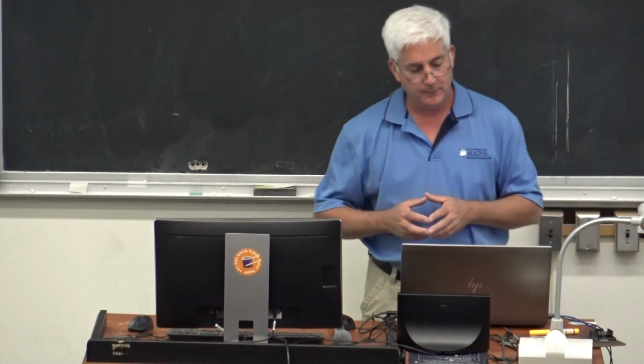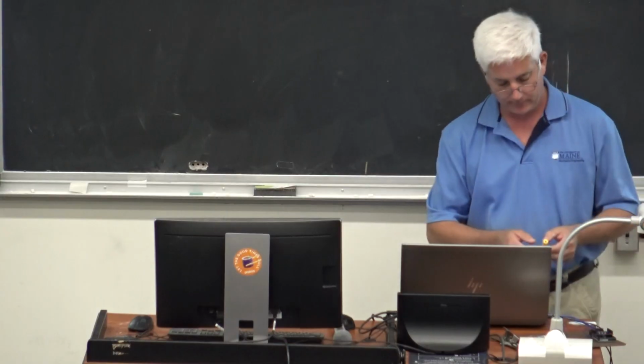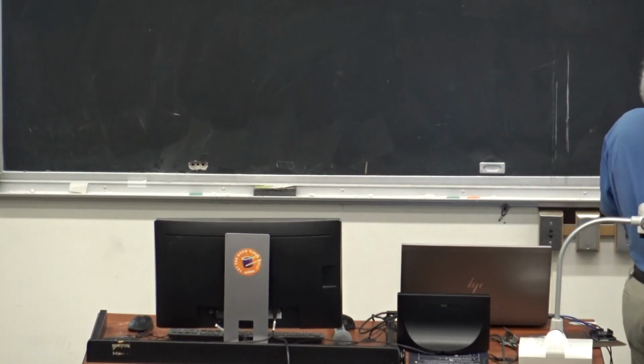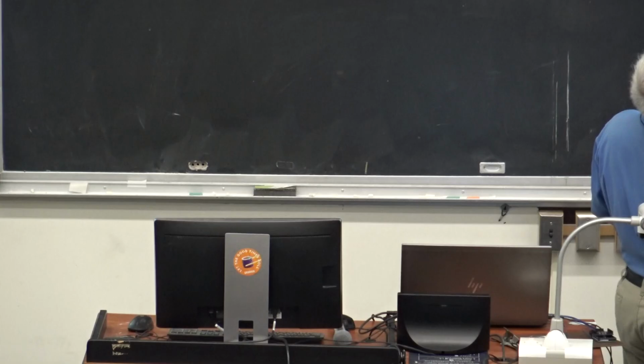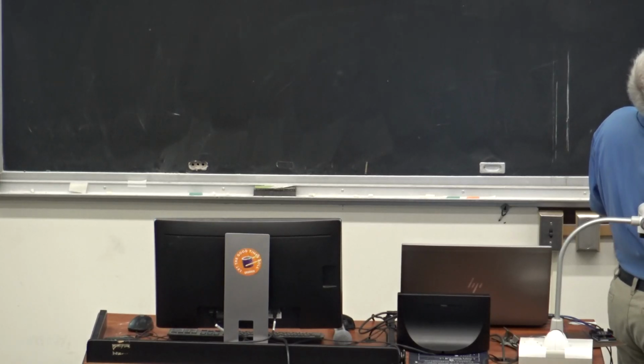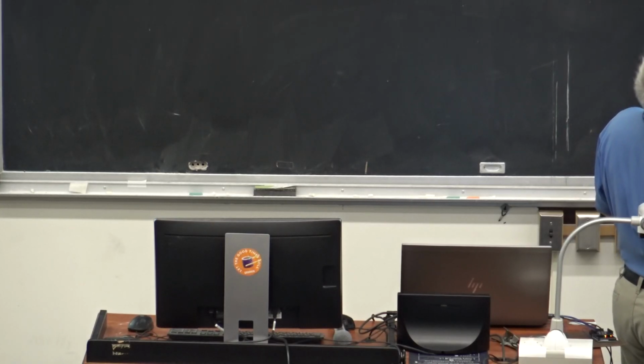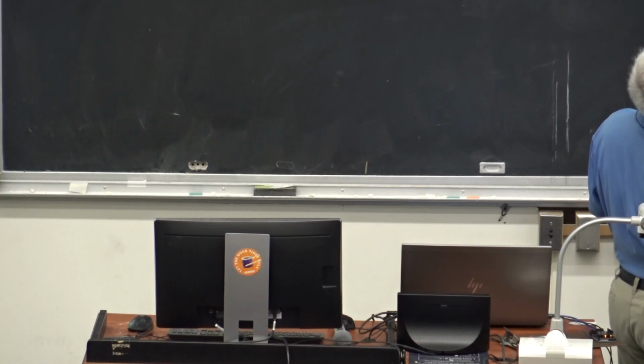But what I've done is I've created a for loop right here. So I do an analog read and I say, what's the voltage on pin A0? It returns an integer that's proportional to the voltage.